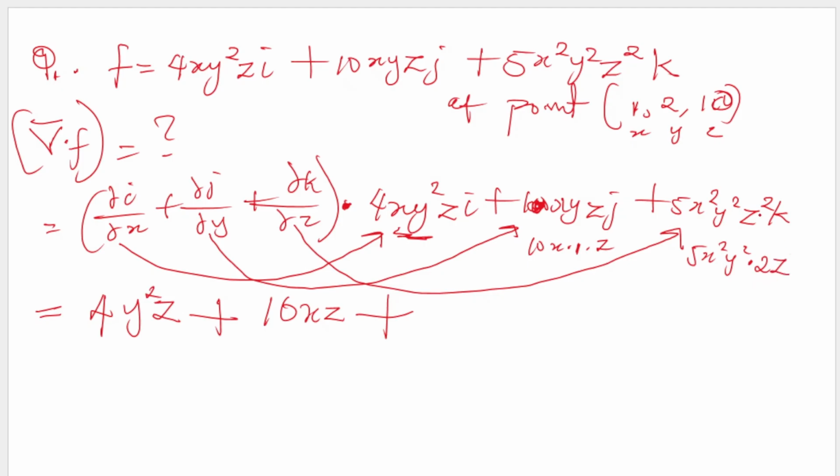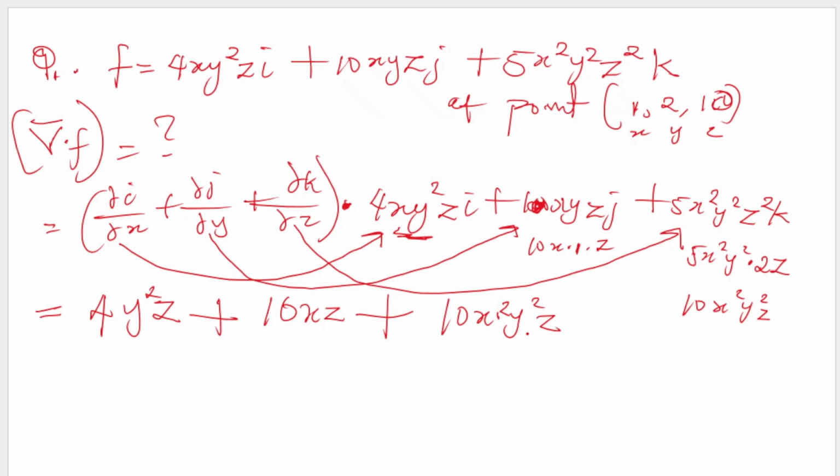Now, k dot k is 1, so you are left with 5x²y² multiplied by 2z. This can be multiplied with the 5 because they are both constants, and that gives 10x²y²z.